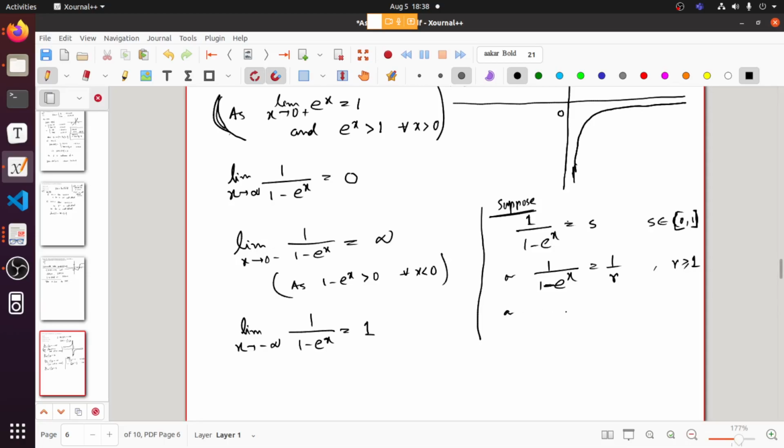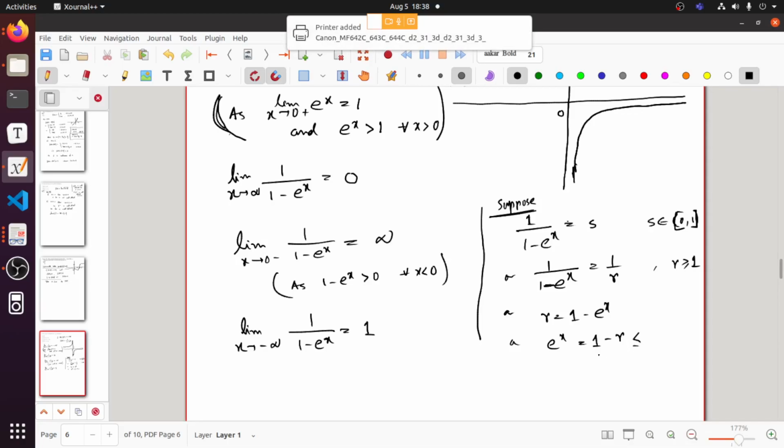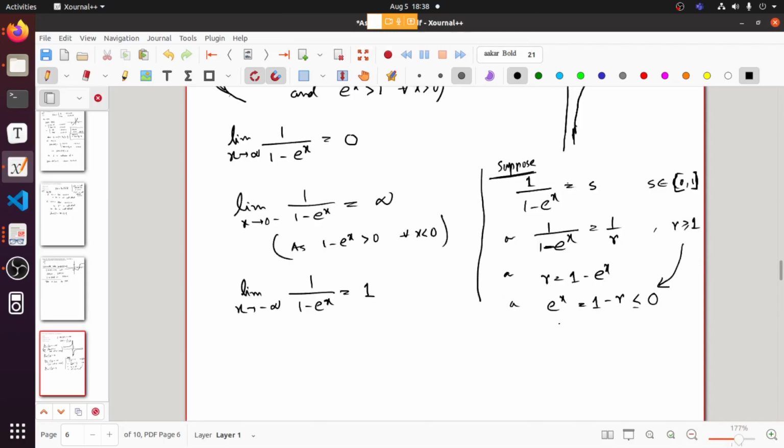So r is 1 minus e to the power x, meaning e to the power x is 1 minus r, and r is greater than 1. So this side is less than 0 as r is greater than 1, but e to the power x is always positive, which is a contradiction.